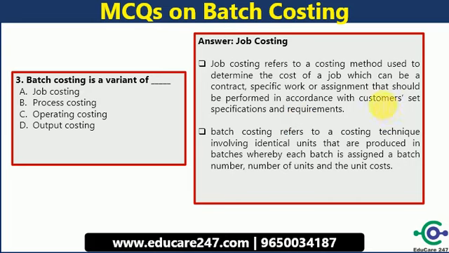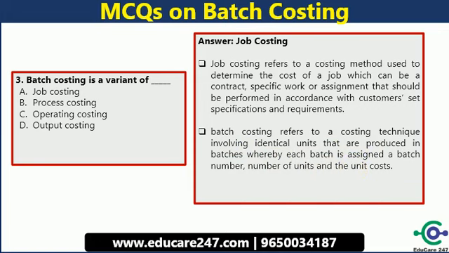So it can be a contract-specific work or assignment that should be performed in accordance with customer specifications and requirements. See, there is batch costing and there is job costing. If we compare these two, batch costing is broader. How come? Batch costing refers to a costing technique involving batches, where each batch is assigned a batch number, number of units and the unit cost.